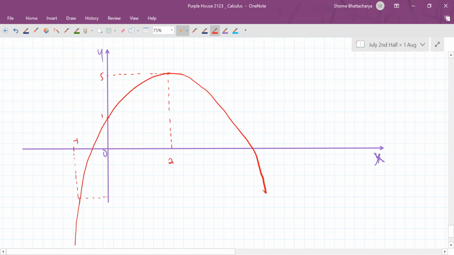Whereas, for example, at x equal to 2, sorry, x equal to 1, the value of y was 4. And then that again repeated itself at x equal to 3. Whereas at 4, the graph is not exactly drawn to scale, but see that.